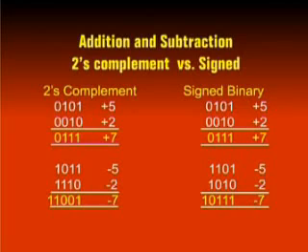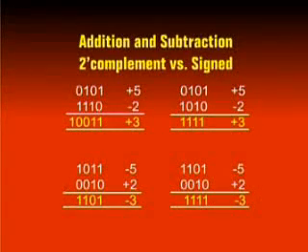Now, if you look at the answer, it does not represent minus 7. Minus 7 should be represented in its signed magnitude form as 1, 1, 1, 1. But here you can see 0, 1, 1, 1. If you neglect the carry, this represents positive 7, which is incorrect.